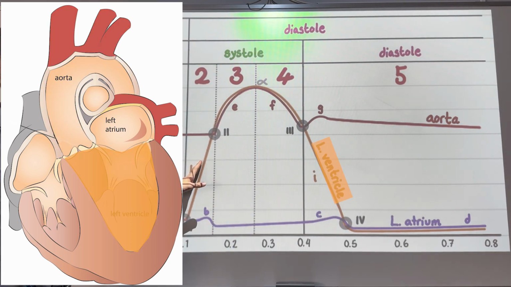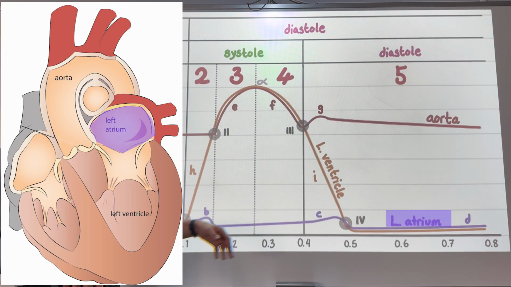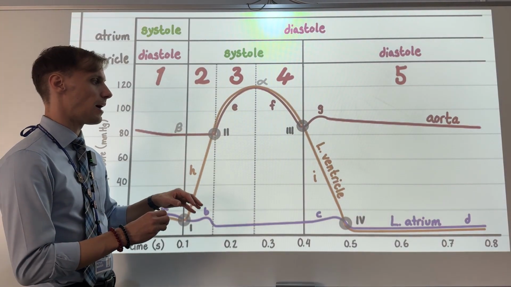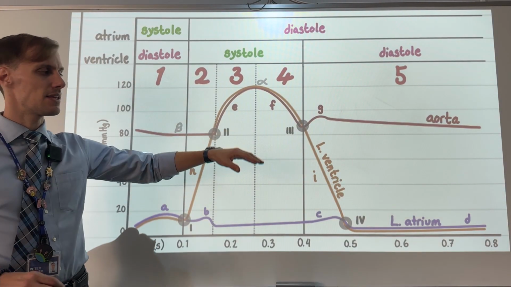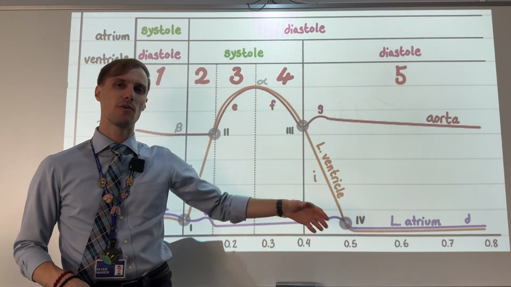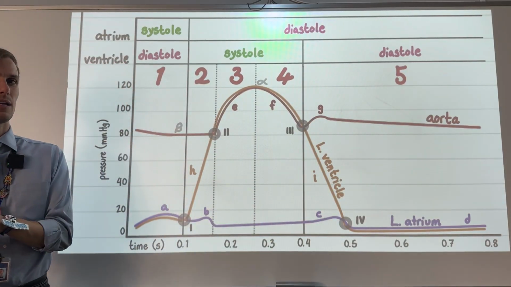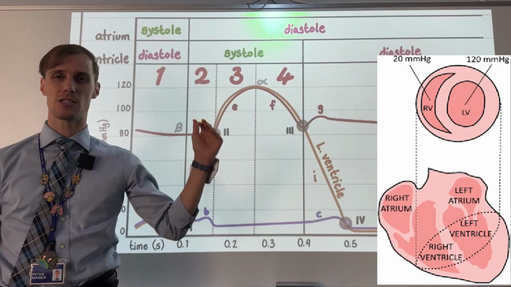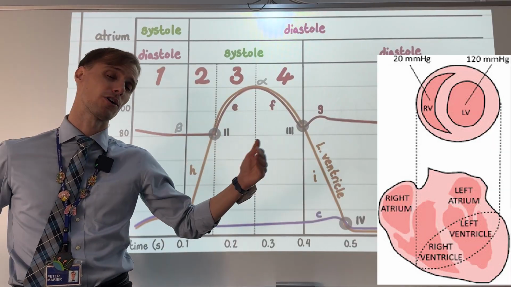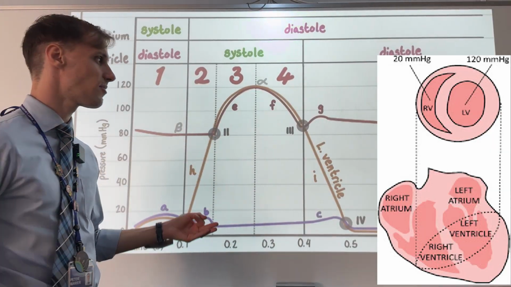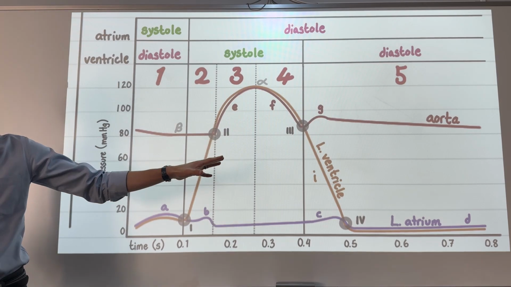The curve in orange here represents the pressure differences happening in the left ventricle. And the curve in purple here represents pressure differences happening in the left atrium. Now, keep in mind that these curves would look very similar if we were to look at the right ventricle and atrium. They may be at lower levels because the pressure differences are typically smaller in the right than they are in the left, but we're only going to focus on the left-hand side here.